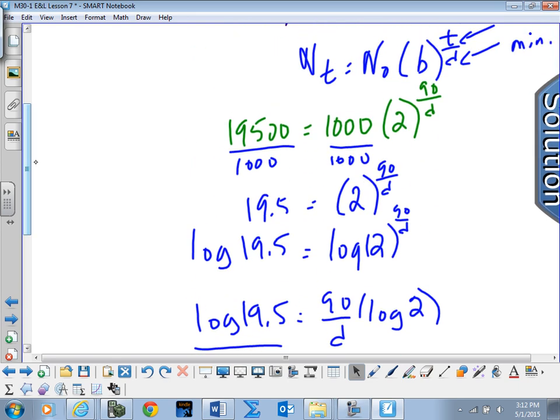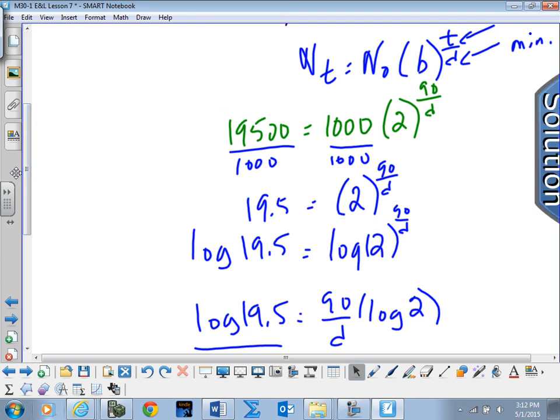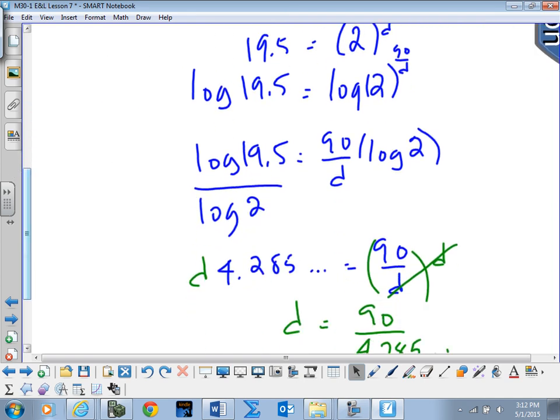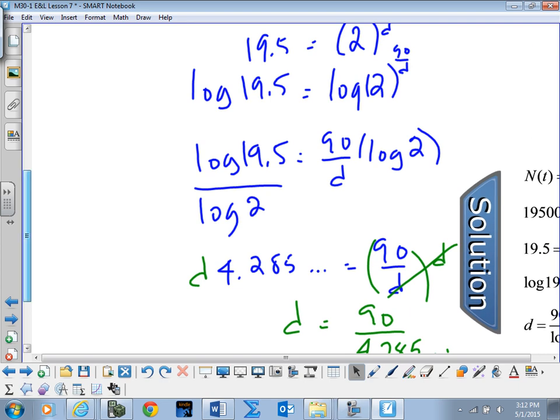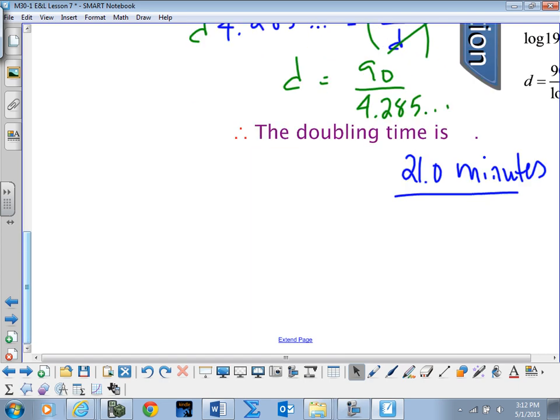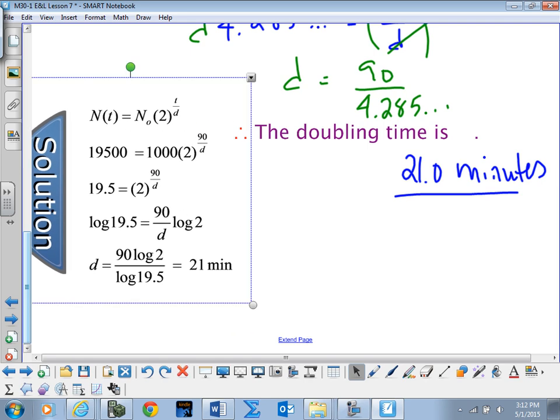And I'm going to confirm 21 minutes. Whoop, let's pull that way down here so we have some more space. This is what it would look like a lot neater. And that confirms the 21 minutes.